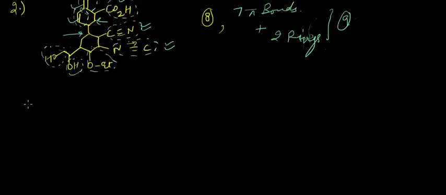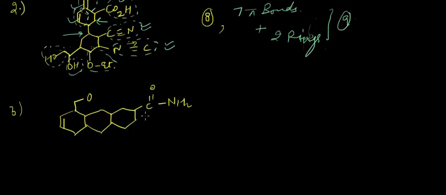Let us look into this example. C double bond O NH2, this is an amide group, this is a cyanide group, this is sulfonic acid, this is an ester group, this is again a carboxylic acid group.